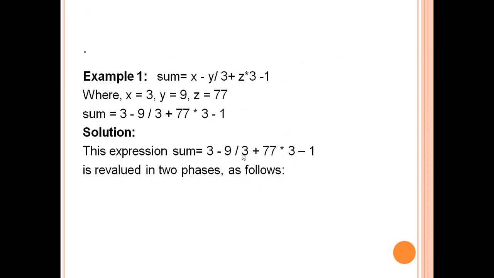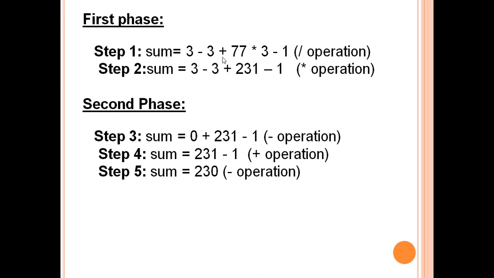This expression is evaluated as 3 minus 3 plus 7 into 3 minus 1. And then the highest priority is multiplication. See here, from left to right, if you scan, the multiplication is having higher priority. So we have to evaluate the 7 into 3, and the result of this 7 into 3 is 21.